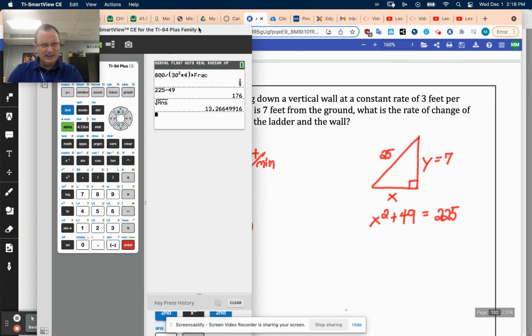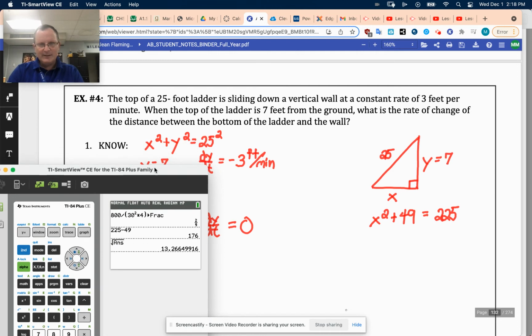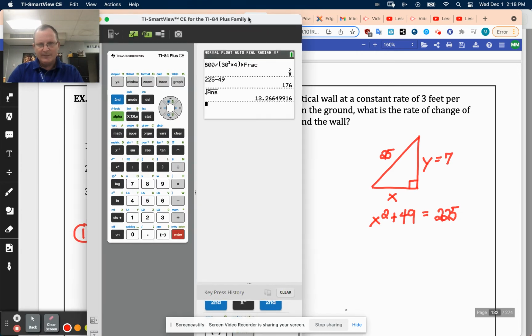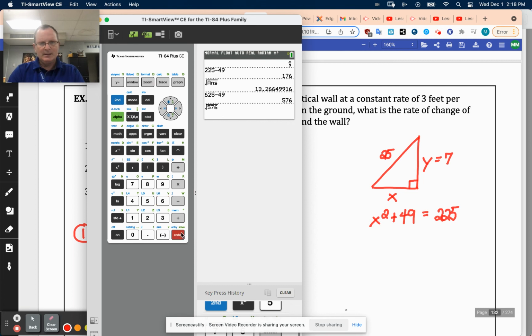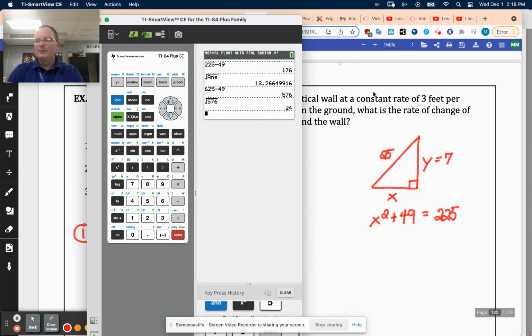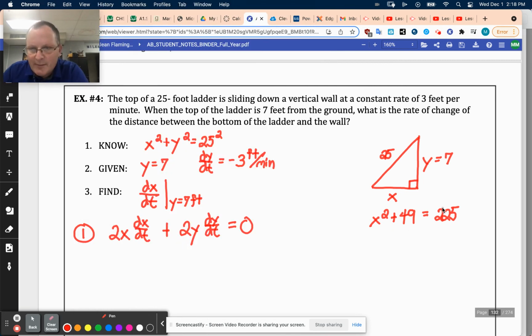Yeah, 7 squared is 49. That's not 225, that's 625. 625 minus 49. Sorry about that. The square root of 576 is 24. All right, cool, my bad. This is 625. Sorry. And then x ends up being 24.